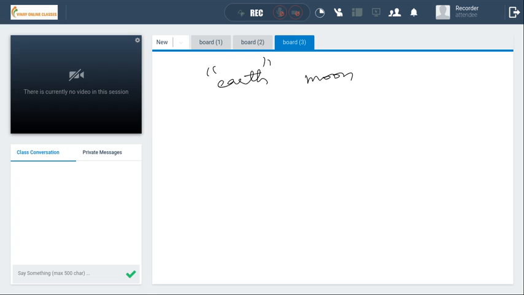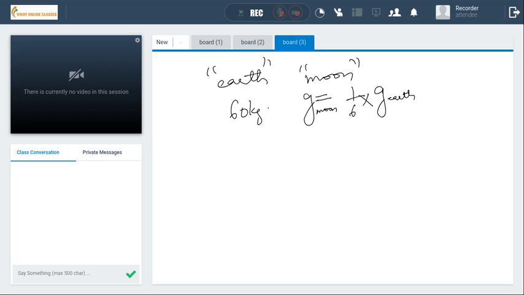Okay, so it means that suppose our weight on Earth is 60 kg. So on the moon, the gravity of the moon is approximately 1/6 of the gravity on Earth.